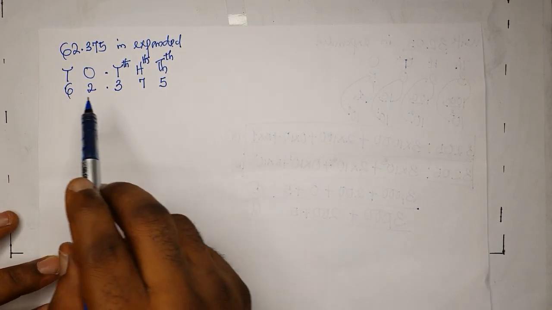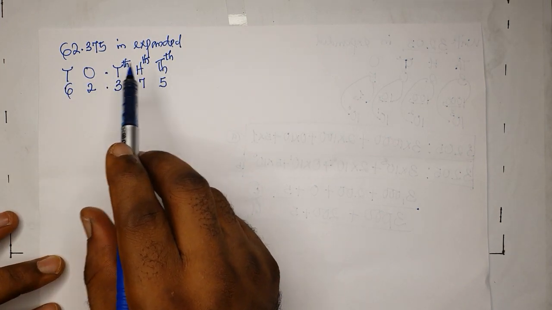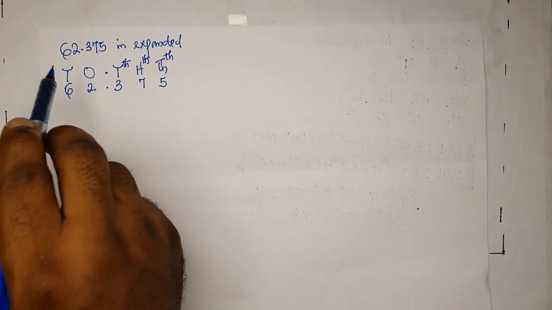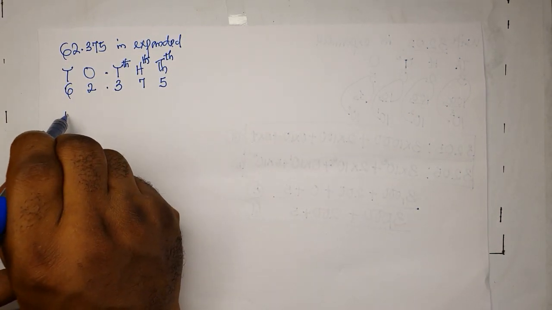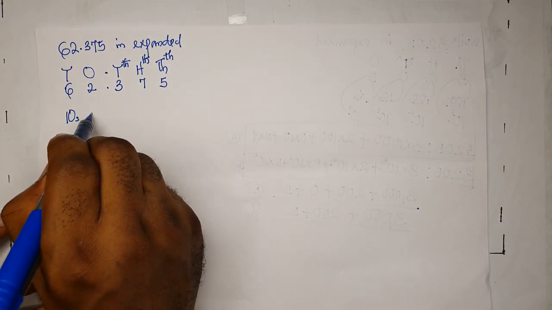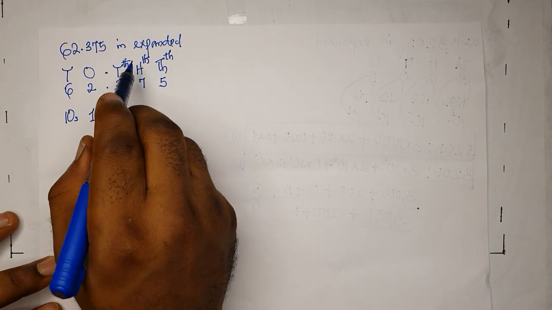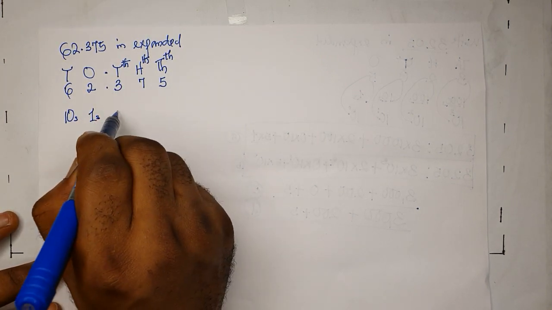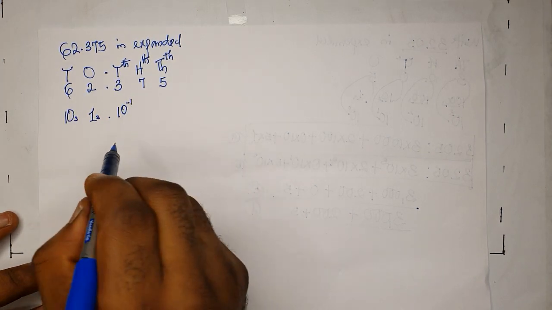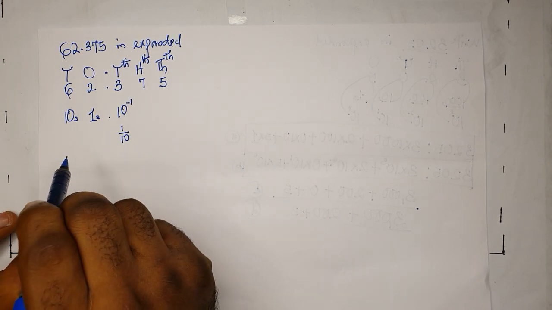Now, how do we express this number in expanded form? One way to do that is by rewriting the digits that represent their places with their corresponding values. This is tens, so tens can be written as tens. Ones place can be written as ones. Point, this is tenth. Tenth is the same thing as 10 to the power of negative 1, or you can write it as 1 divided by 10.